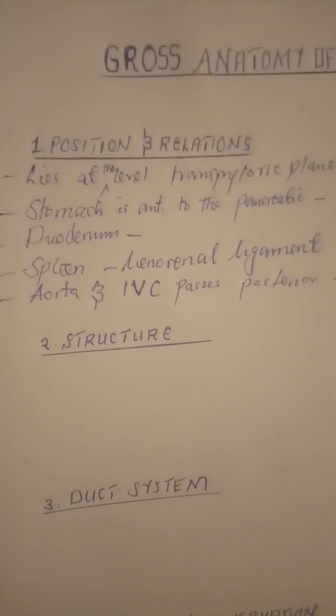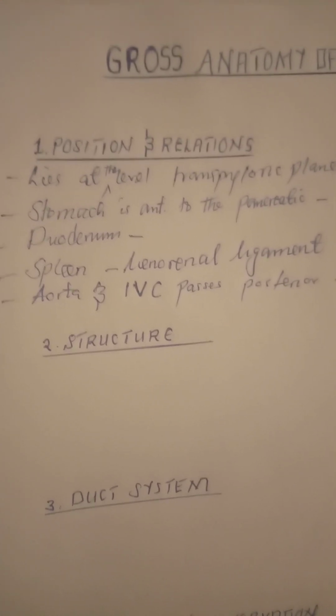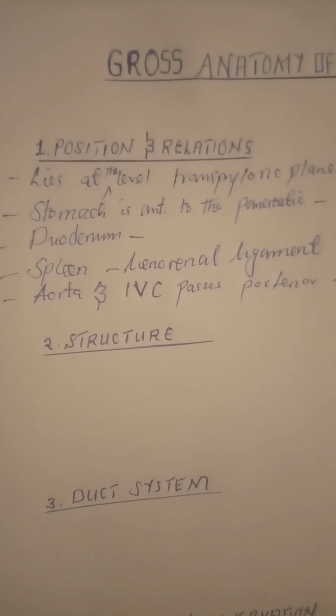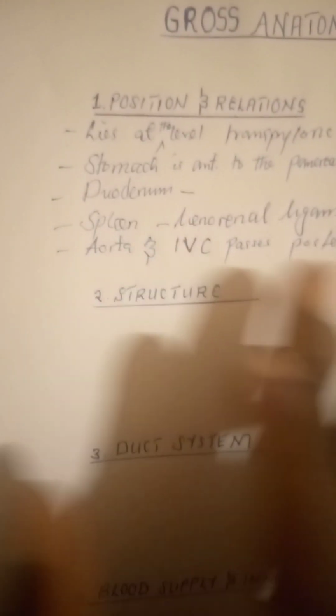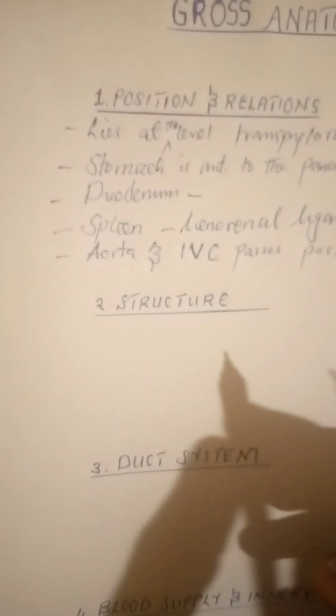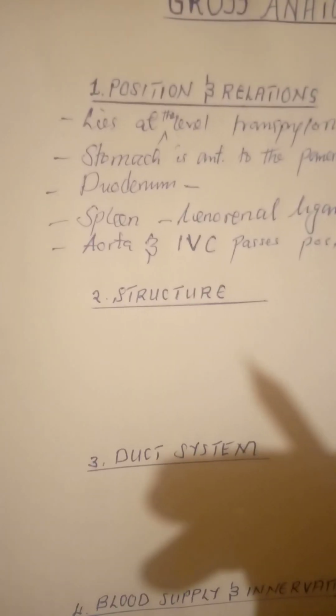When we talk about structure, this is where we talk about the general description of the pancreas. Basically it's divided into 5 parts.